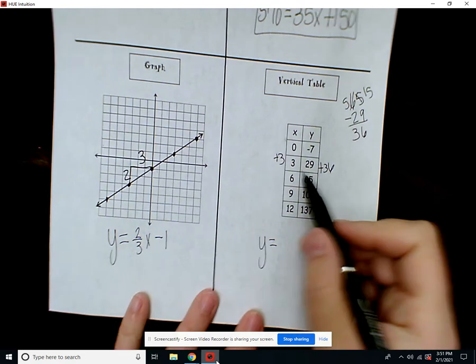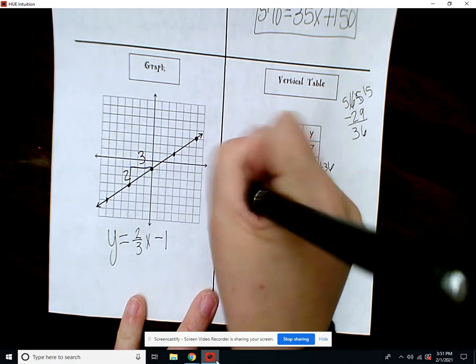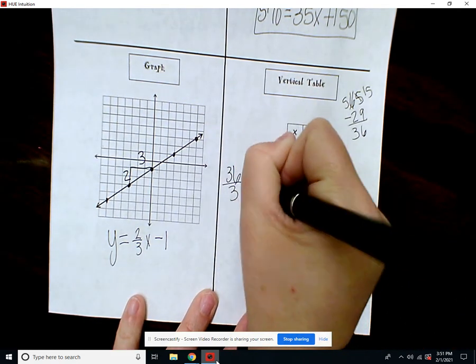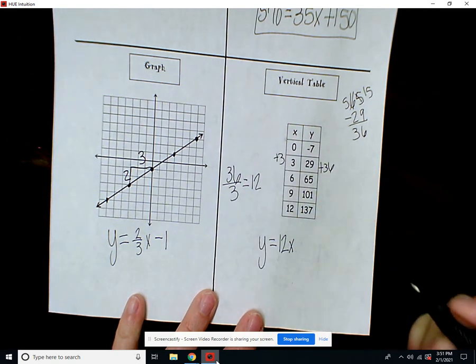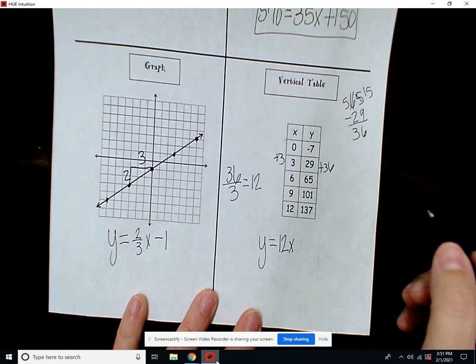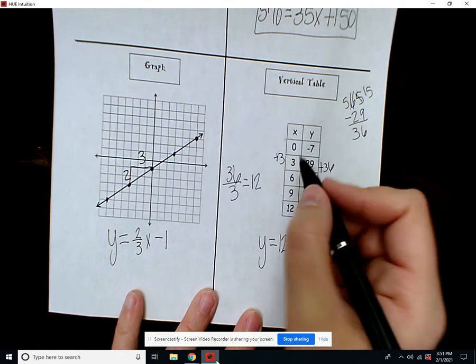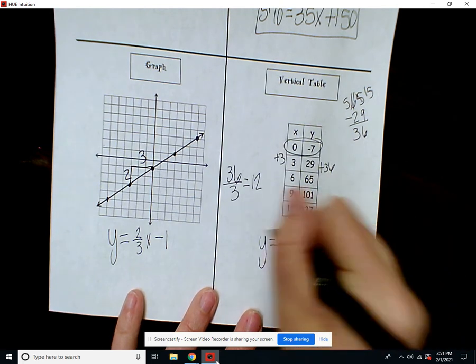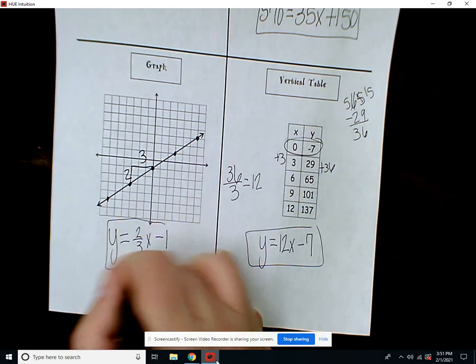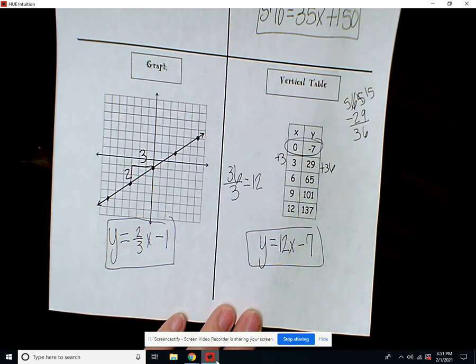Then we'll take our y over x, so 36 over 3, which equals 12. So we get 12x. And then since we have an x that's 0, the number at the end is negative 7. So we get y equals 12x minus 7.